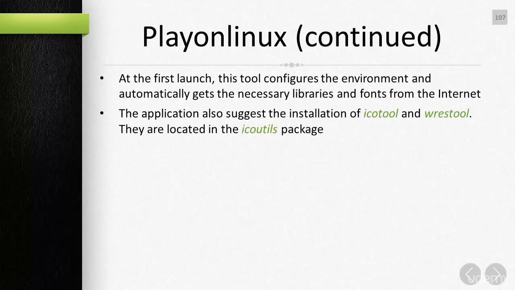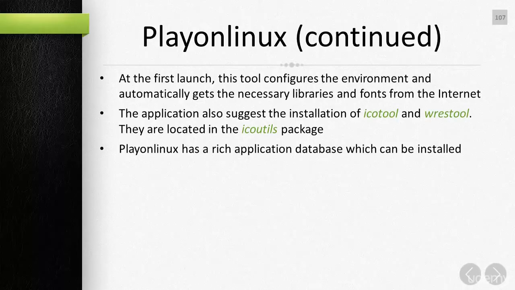It's also advisable to install the IcoUtils package, because it improves Playonlinux by better process management. This package contains two applications, IcoTool and RESTTool. If they're available, Playonlinux will use them, and will be able to manage the process of running Windows applications under Linux better than Winetricks does.